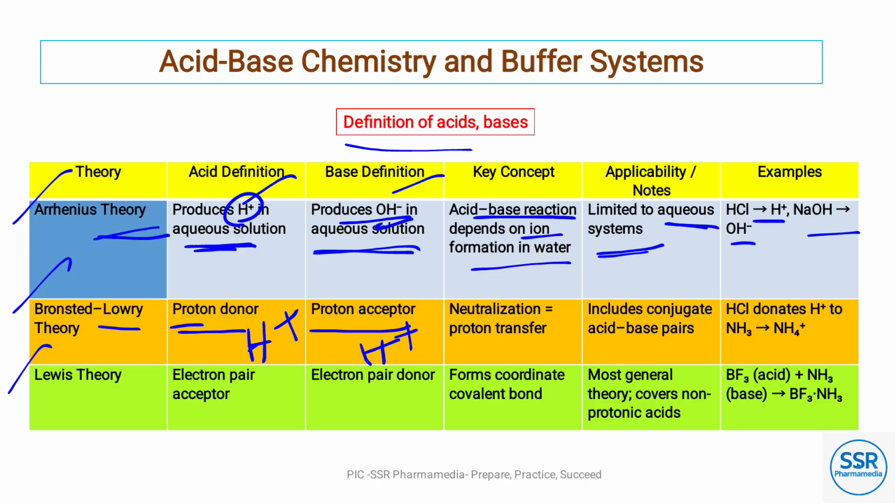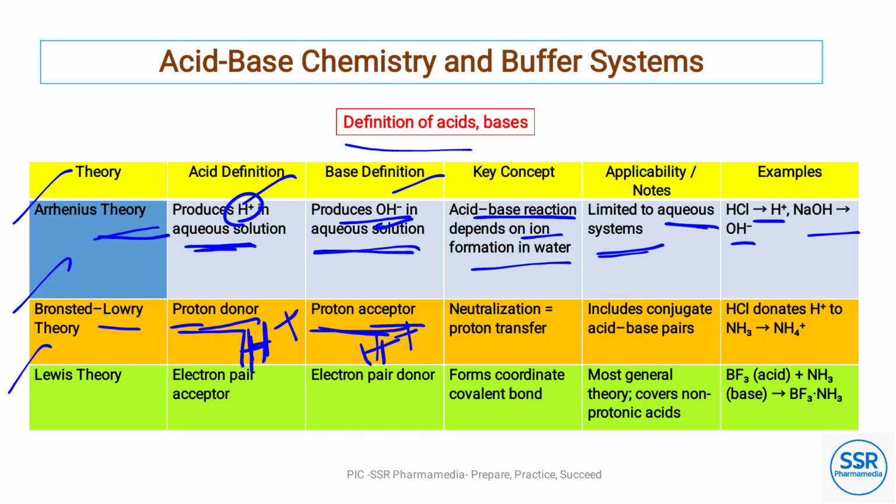So donation of a proton is called acid, and acceptance of protons, hydrogen ions, is called base. Only the H plus ion is involved as donor and acceptor of protons.